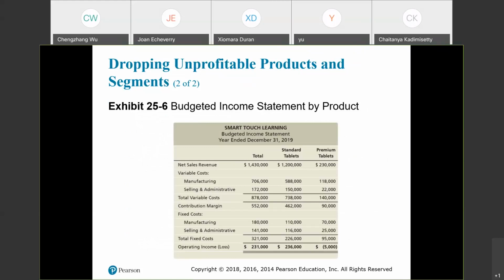Okay, earlier we focused on one of Smart Touch Learning Company's products, the standard tablet. So now let's focus on two types of its products, both standard tablets and premium tablets.